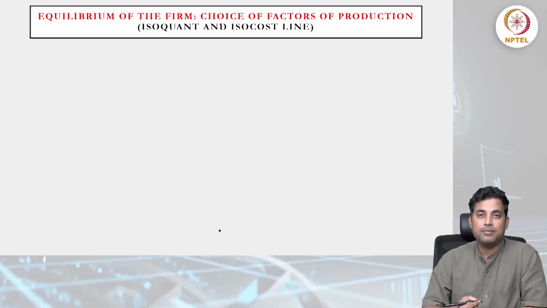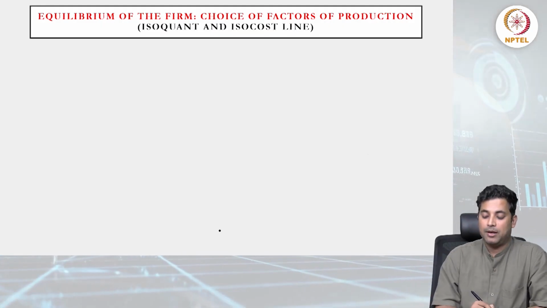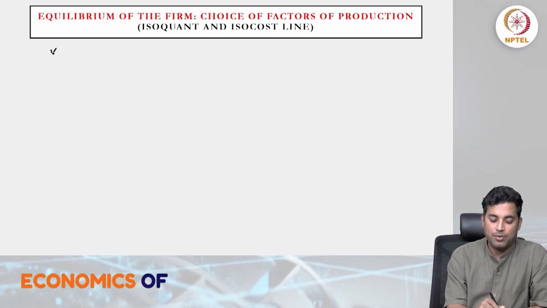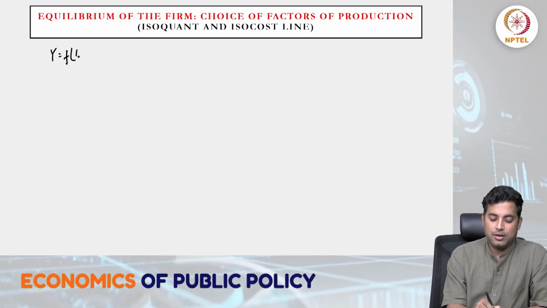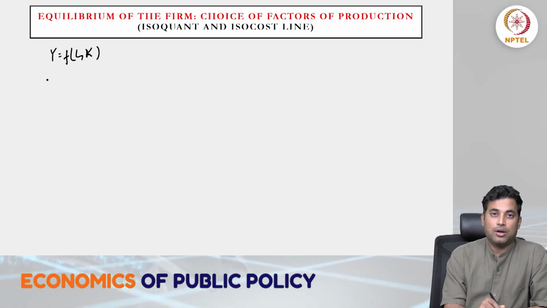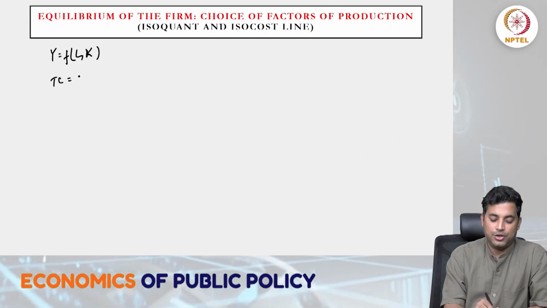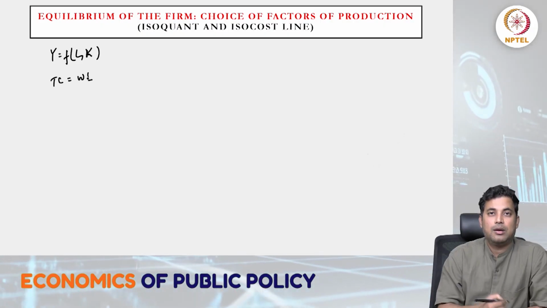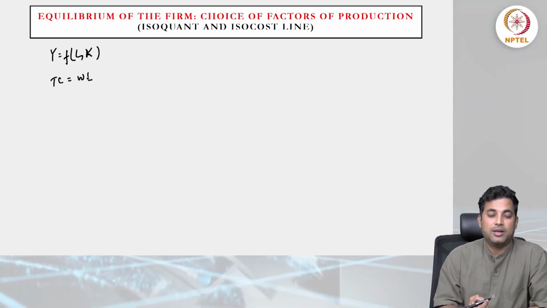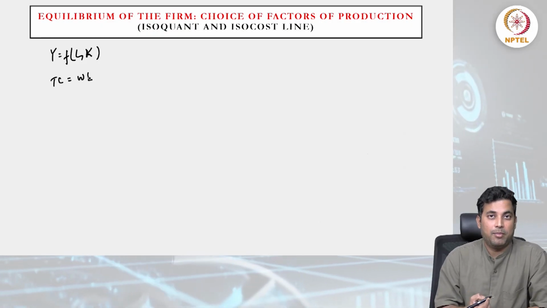So now let's move to the equilibrium condition for the firm, like the firm's optimization conditions. We already know the production function, y equals f(L, K), and then total cost is basically, assume W is the price per worker, meaning the wage rate, and L is the total number employed in the firm.